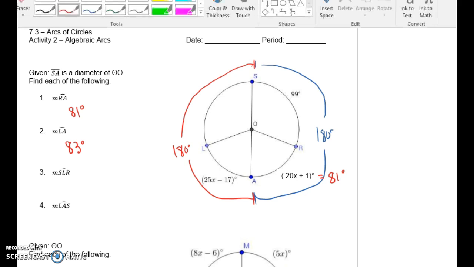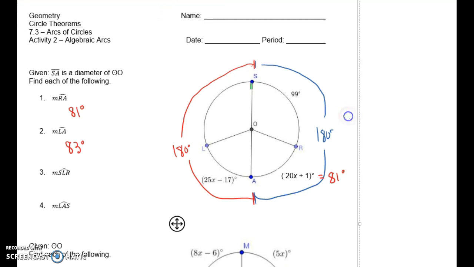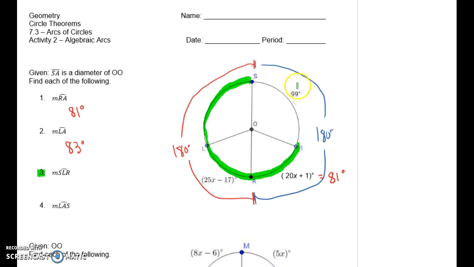Next is arc SLR, and I'm going to highlight this arc so you can see where it goes. We start with S, go through L, all the way to R. Effectively we're finding everything in this circle, all 360, but not including the 99. There are a couple of ways to do this. One is to take 360 minus 99, or we can take the 180 that we know is this half and add to it this arc, which we know is 81 degrees.